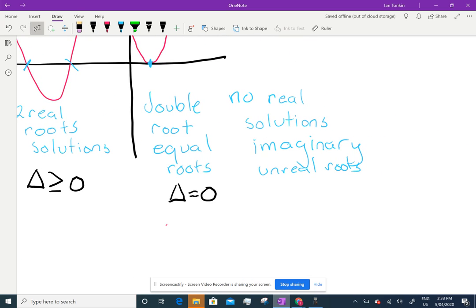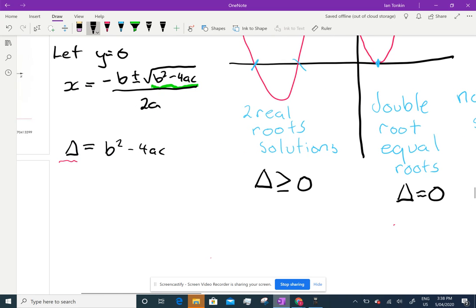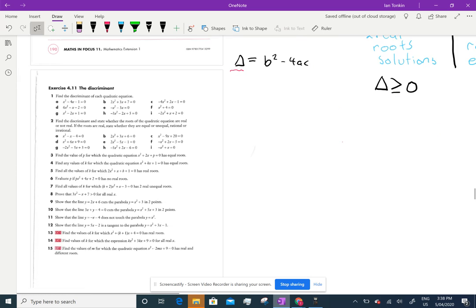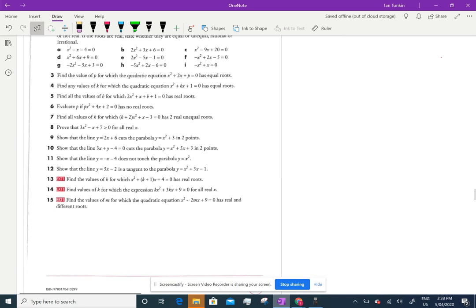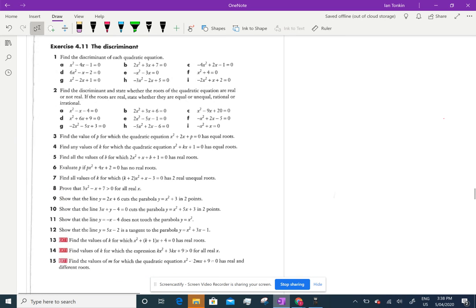And for no real solutions or imaginary or unreal roots, the discriminant has to be a negative number, less than 0. Once we know that, we can decide without actually solving the equation whether or not it has real, equal, or unreal roots. So questions 8 to 12, someone asked about those.